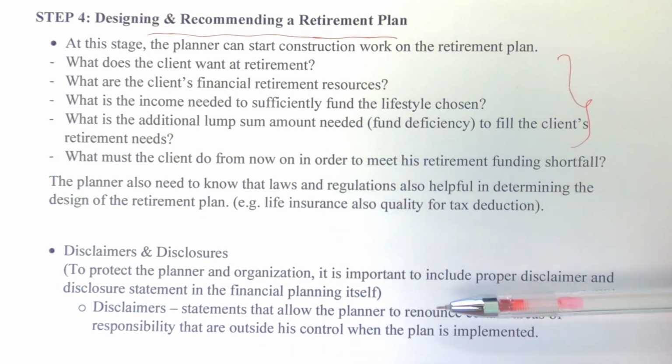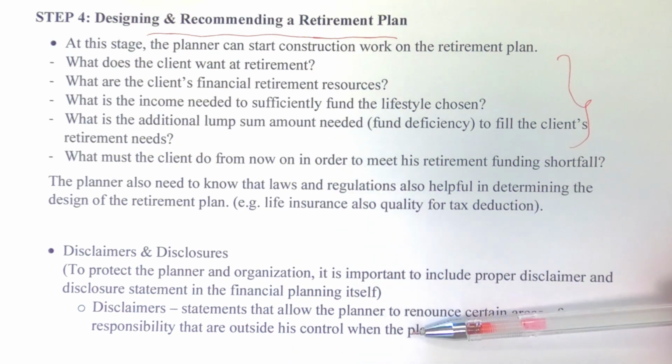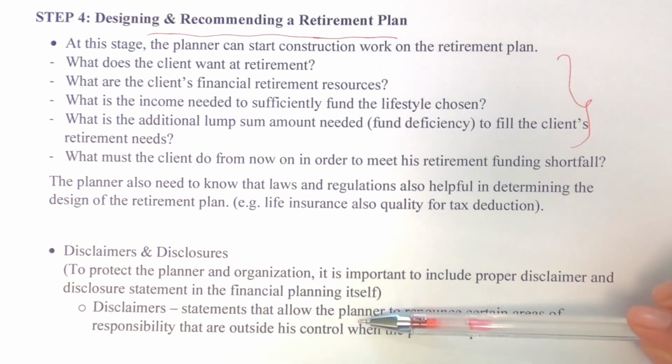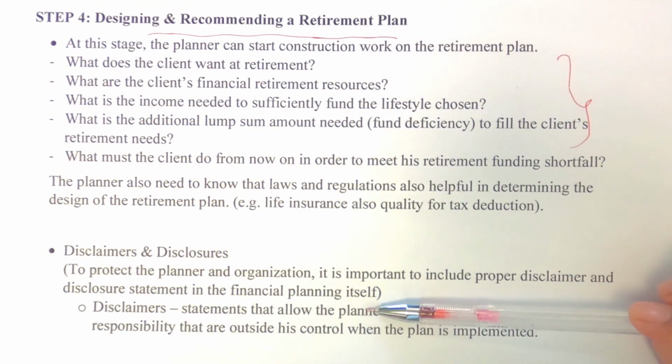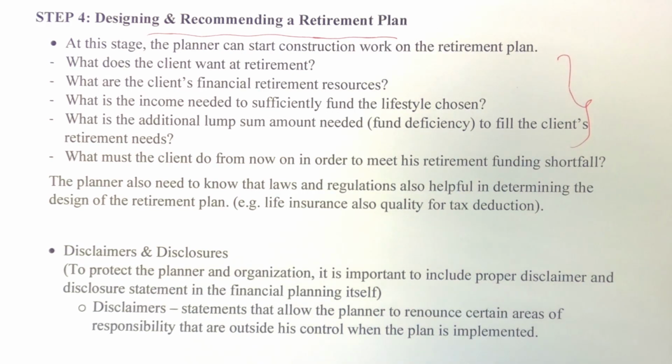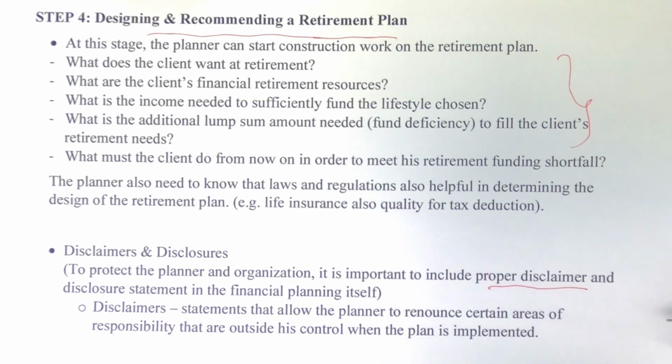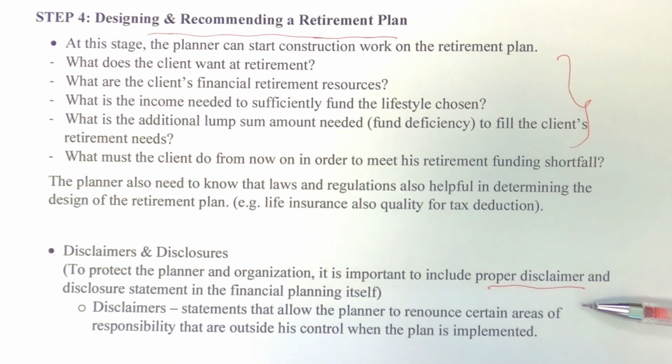Another important thing in this step is disclaimers and disclosures, because in order to protect the planner and the organization, it is important to include a proper disclaimer and disclosure statement in the financial planning itself. Information about disclaimers and disclosures is a must in the retirement planning report of the client.